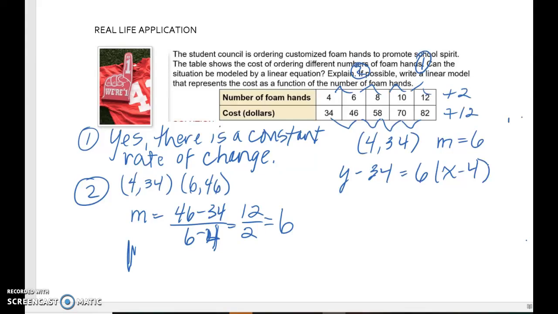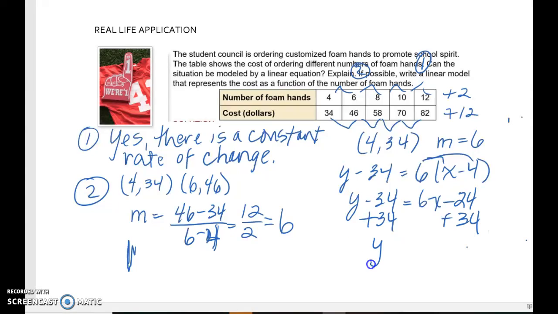And then I'm just going to take that equation from point slope form and put it into slope intercept form. So over here I'm going to distribute, then add 34 to both sides, and I get the final equation.